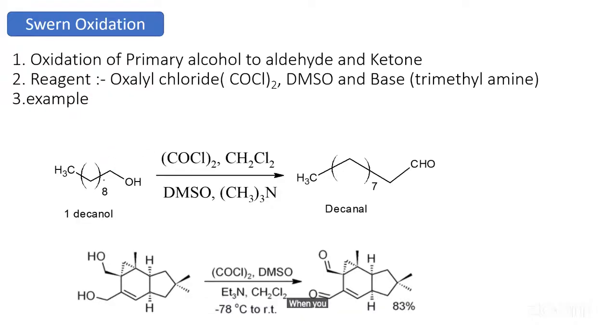A primary alcohol is easily converted to the aldehyde, and a secondary alcohol is converted to the ketone, by using this Swern oxidation of oxalyl chloride in presence of DMSO and basic conditions.